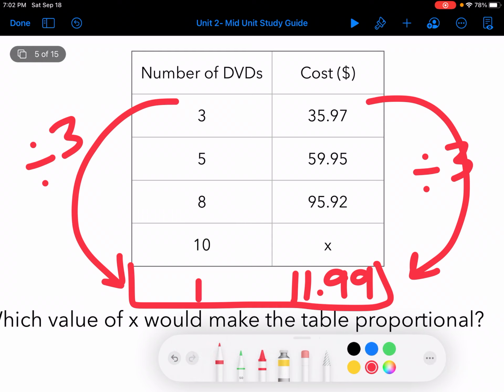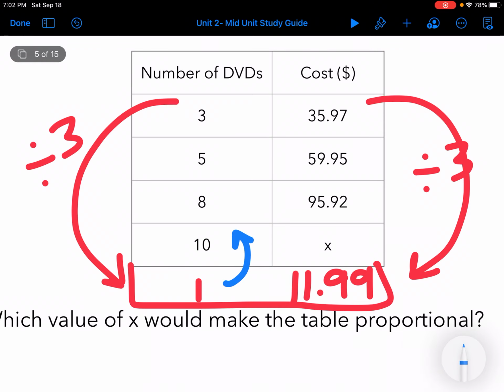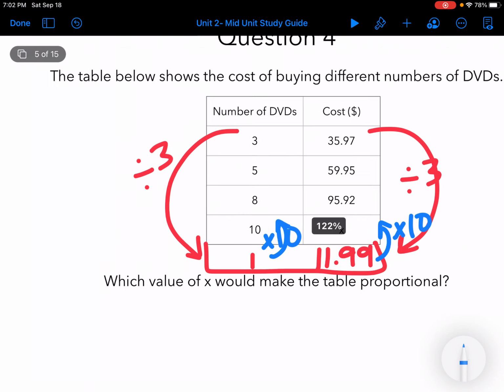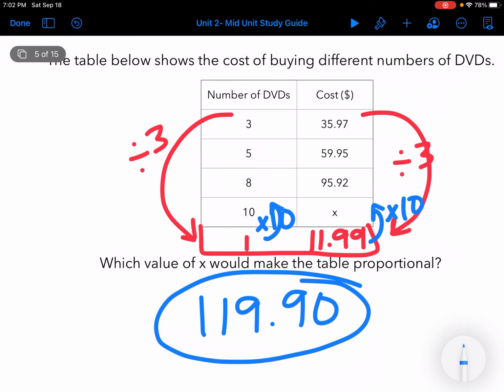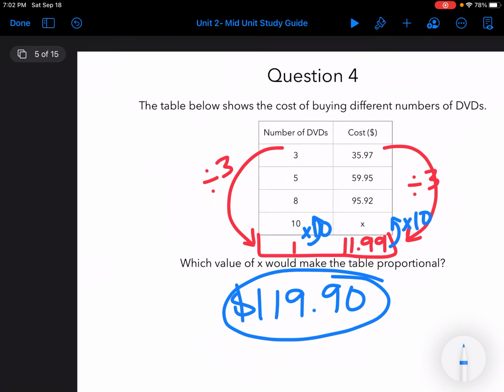So now if I want to figure out what 10 DVDs is going to be, I'm going to multiply by 10. And I get $119.90. So I had to add a row. If I was doing this on my test tomorrow, I'm going to make sure that I add a row, or take a screenshot, add a row, or on my scratch paper, add a row.